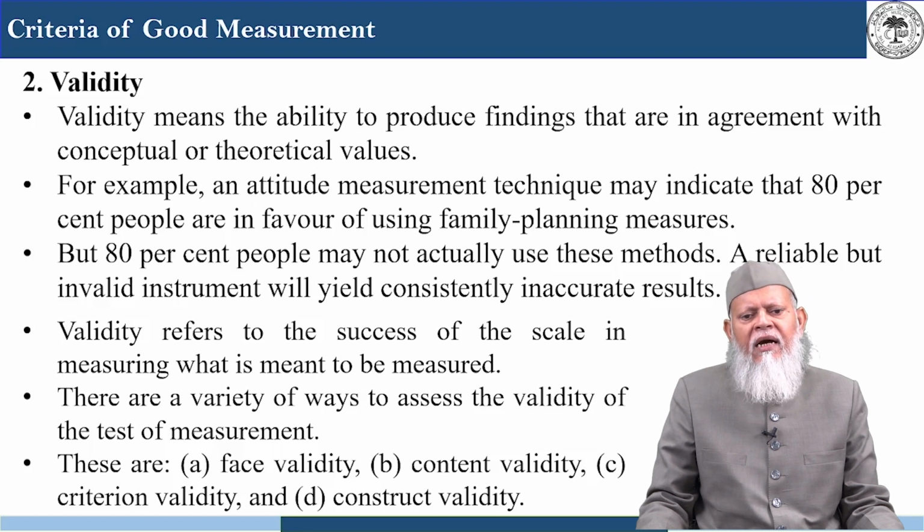For example, an attitude measurement technique may indicate that 80% of people are in favor of using family planning measures, but 80% of people may not actually use these methods. A reliable but invalid instrument will yield consistently inaccurate results. So, validity refers to the success of the scale in measuring what it is meant to measure.